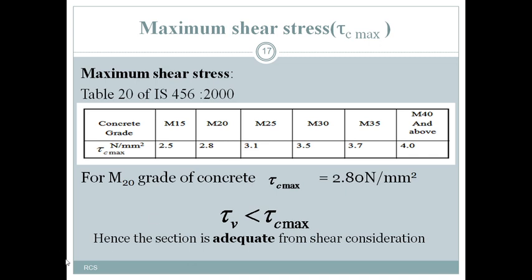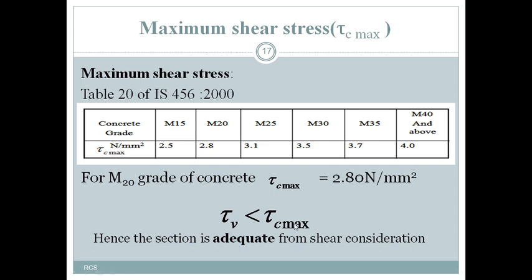So we can say the section is adequate for shear consideration. If it is opposite, tau v greater than tau c max, then we go for redesign of the section. That's why we are checking the adequacy before the design.